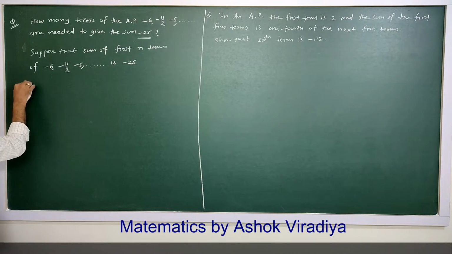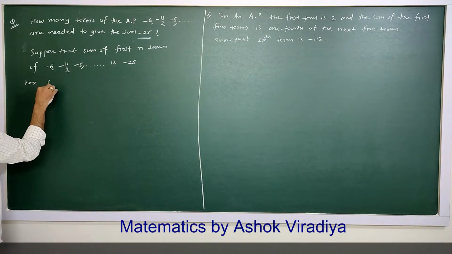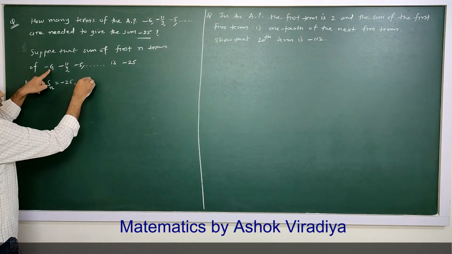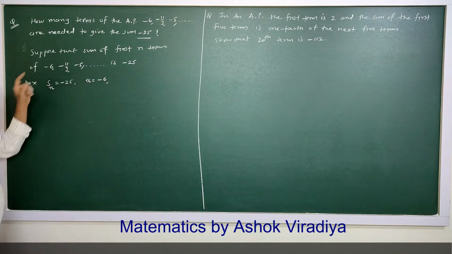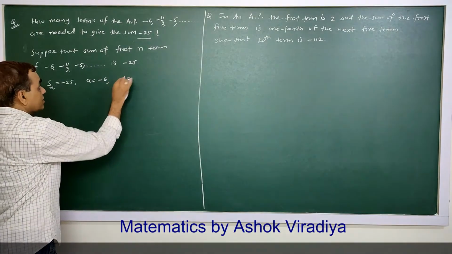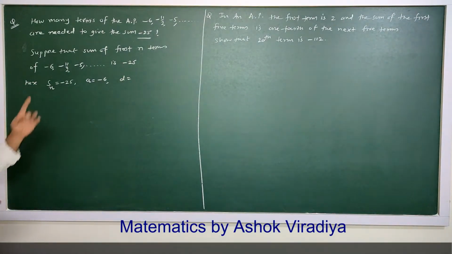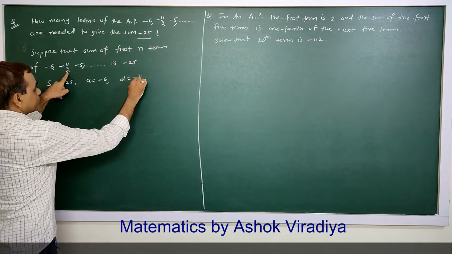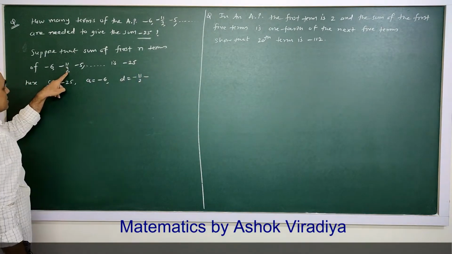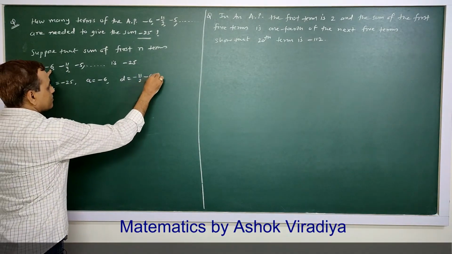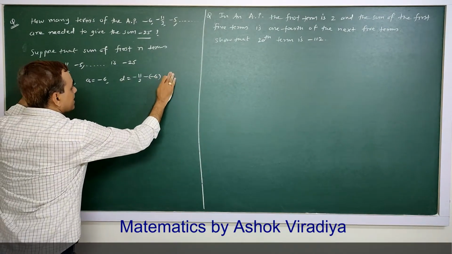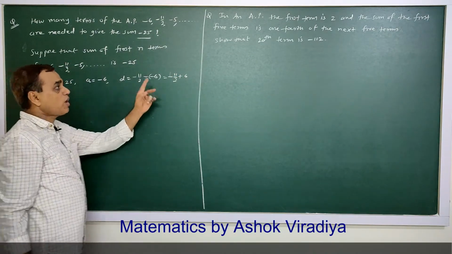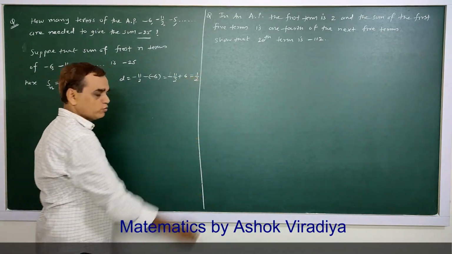The first term of this sequence is -6. Common difference: this is an AP, so the common difference is the second term minus the first term. So -11 by 2 plus 6, so 12 minus 11, 1 by 2.